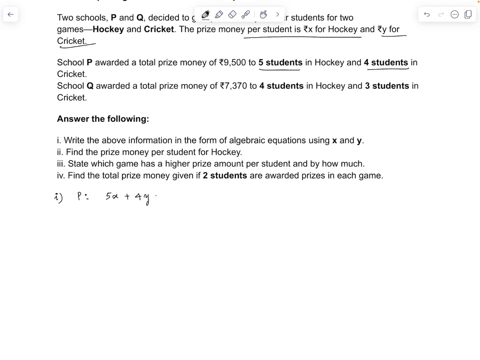So 5x plus 4y is equal to the total amount, 9,500. For school Q, 4 students in hockey, that is 4x plus 3 in cricket, plus 3y is equal to the total amount, 7,370. So these are the two equations according to the given scenario.